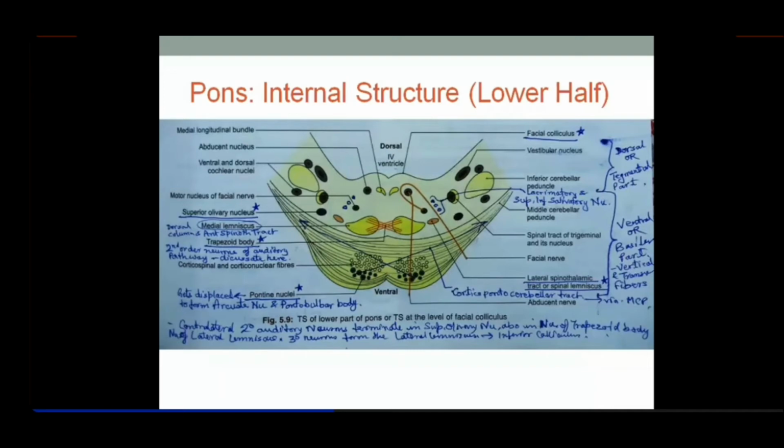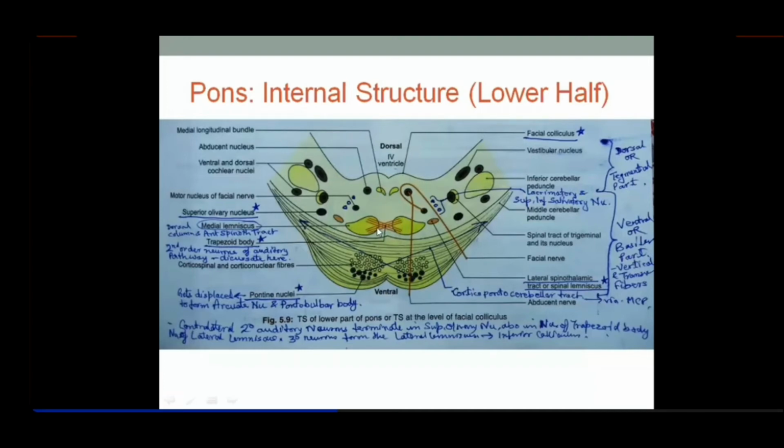Remember, mainly these: the 3rd, 4th, and 6th nerves, for binocular, synchronized movement of the eyeball in response to the 8th nerve, the vestibulocochlear nerve. And to move your head and neck according to the auditory impulses, the 11th cranial nerve also intermingles and interconnects through this medial longitudinal bundle.